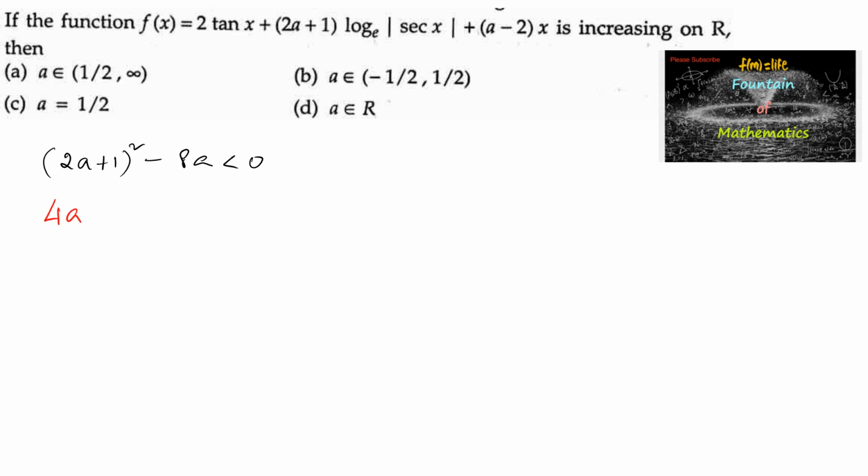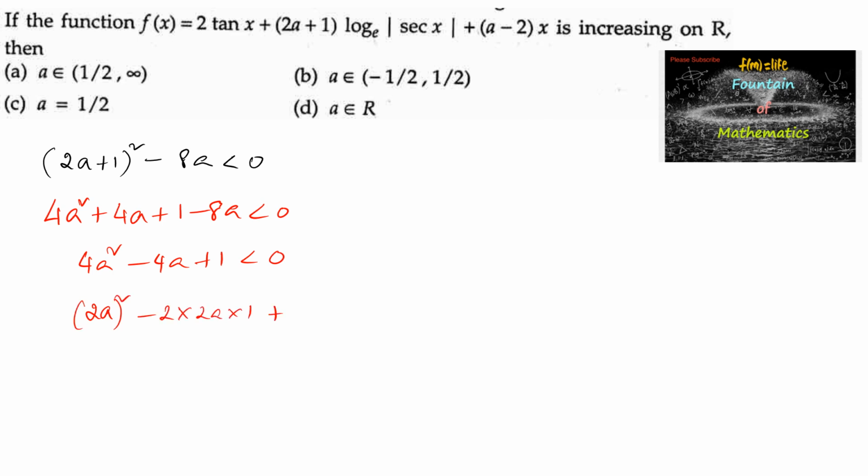That is 4a square plus 4a plus 1 minus 8a is less than 0. Or we may also write 4a square minus 4a plus 1 is less than 0. Or we can write this as (2a) whole square minus 2 into 2a into 1 plus 1 square is less than 0. So this is (2a minus 1) whole square is less than 0. And here the square cannot be negative.